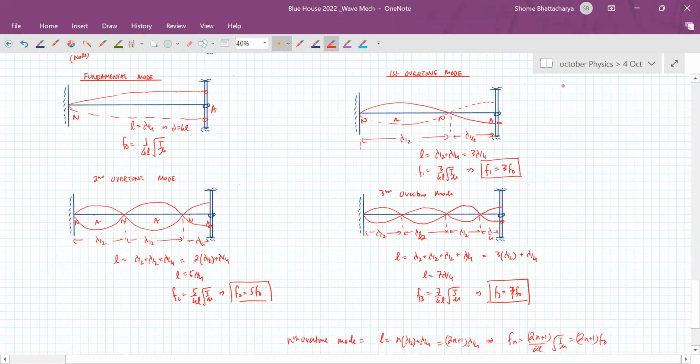So it can never have an even number. Exactly. So this type of string can vibrate in a frequency series like this: fundamental, third harmonic, fifth harmonic. Only these frequencies exist in the modal series.